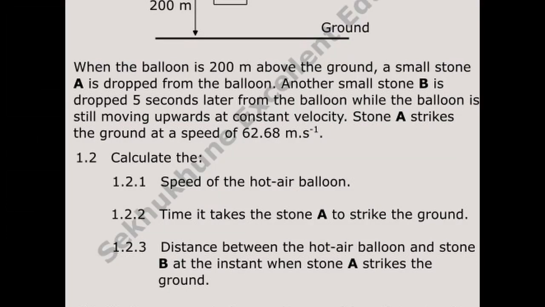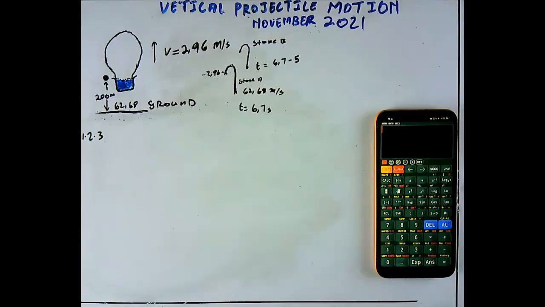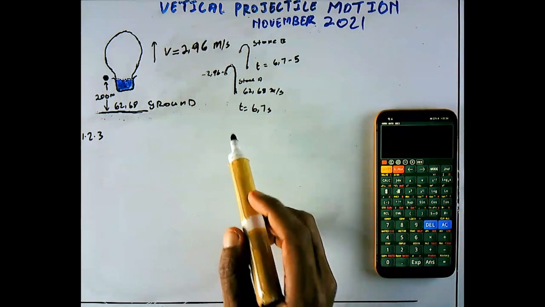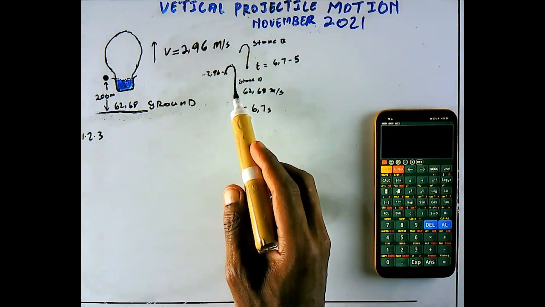And now we are at number 1.2.3. The question says calculate the distance between the hot air balloon and stone B at the instant when stone A strikes the ground. What we are told is that stone B and stone A make the same motion, but the only difference is the time.